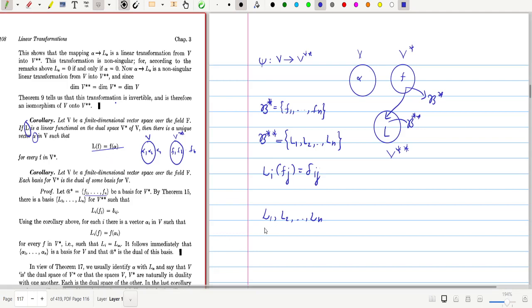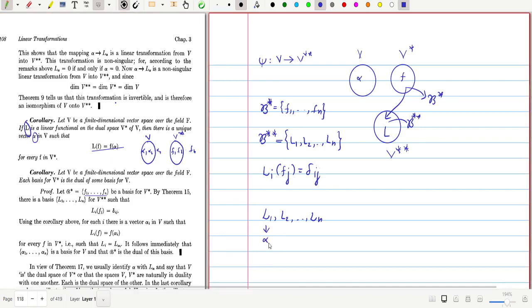So corresponding to L1, you can find an alpha 1 such that L1 of f is equal to f of alpha 1 for all f.